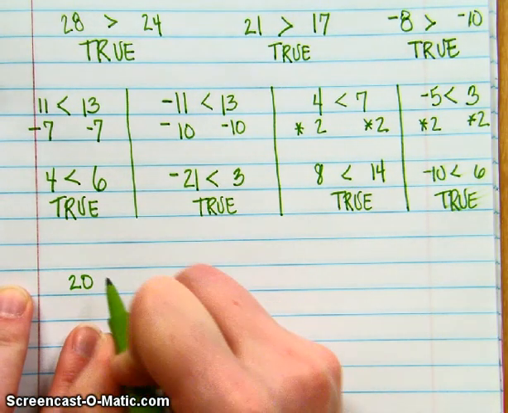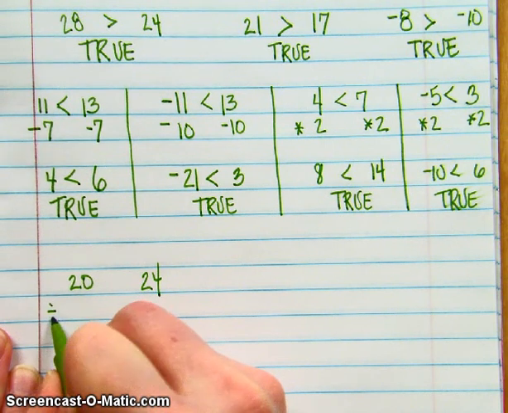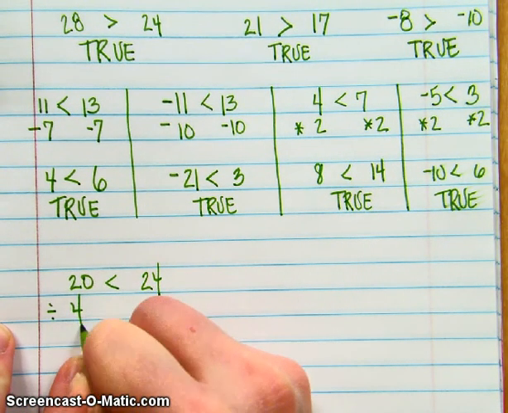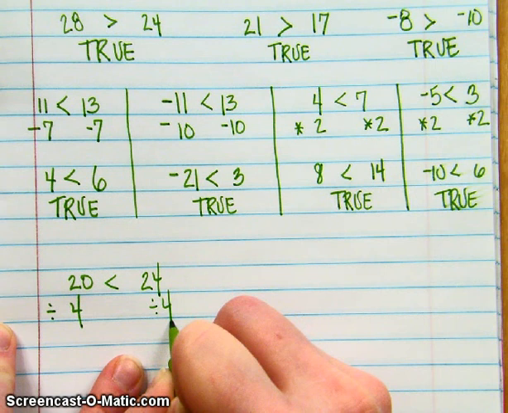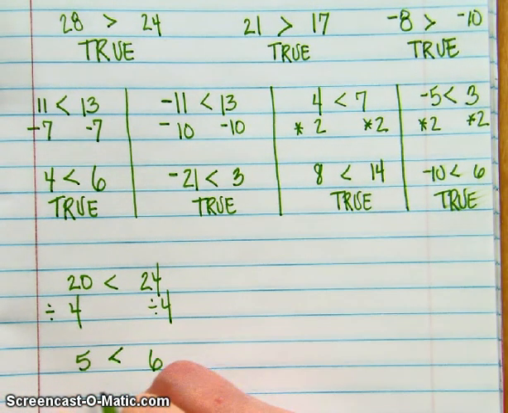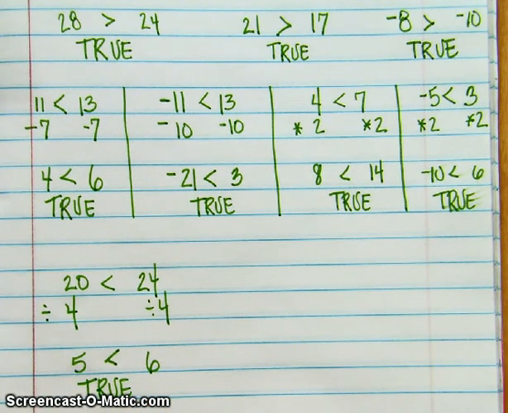What if I had 20 and 24, and I divided both of those by 4? I have a 5 and I have 6, and that relationship is still less than. It's still true.